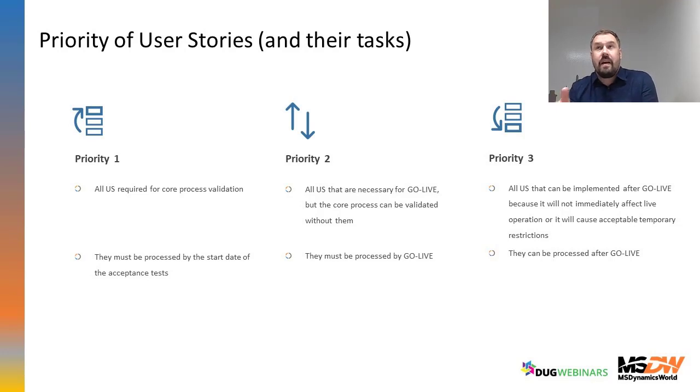It makes everything heavier for the users, for developers, for everybody to do something more, which can be a risk for the priority one and priority two tasks and user stories.